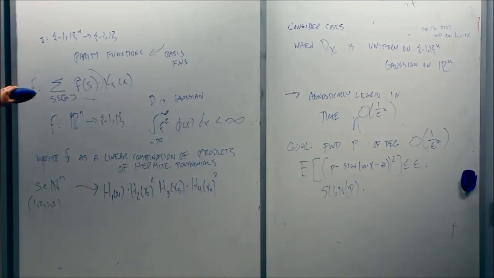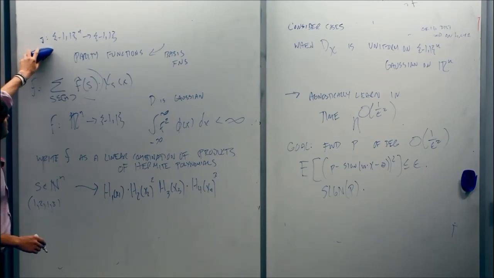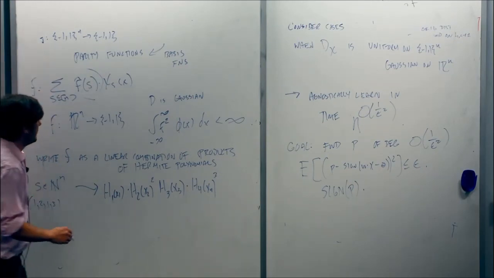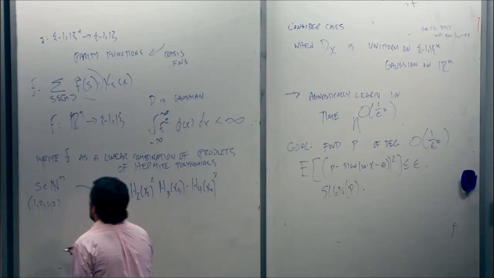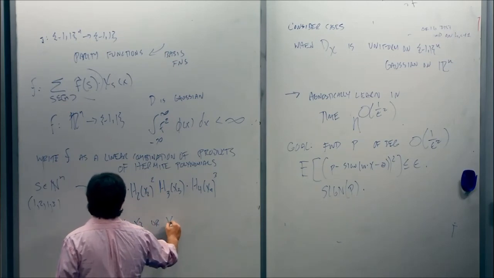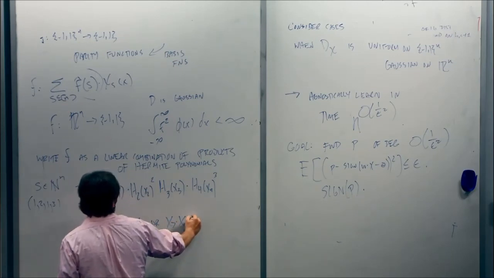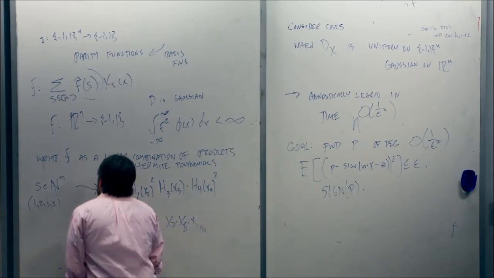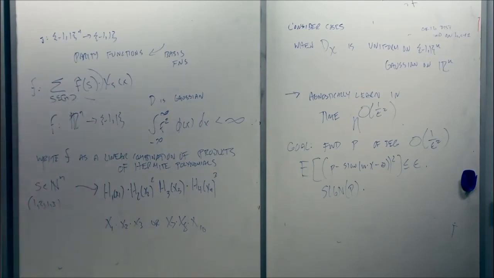Whereas when we were looking at Fourier analysis over the hypercube, your basis functions were parities, just x1, x2, x3, or x7. Wait, why do you need the square and the third part? I had a 2 here.